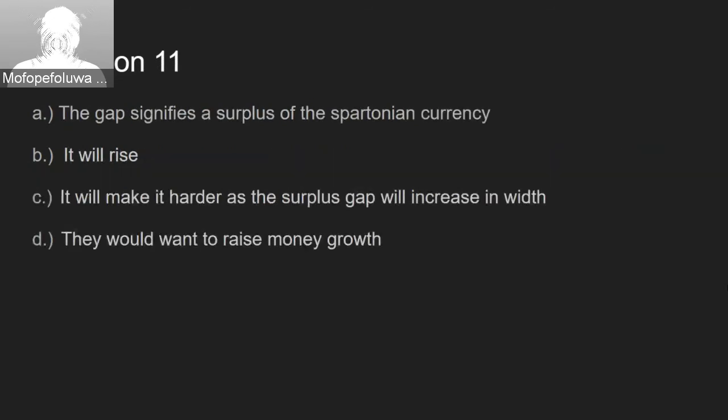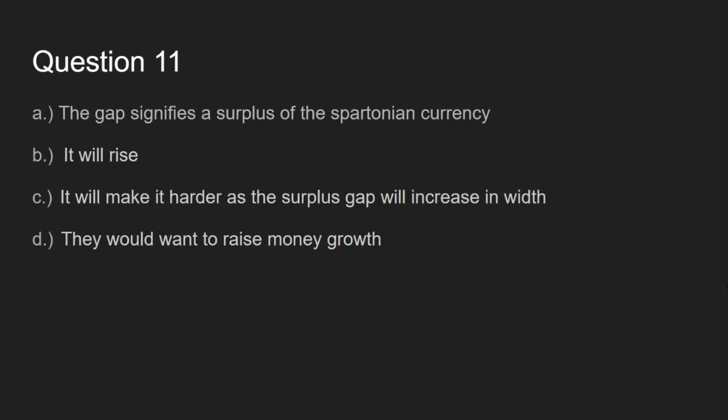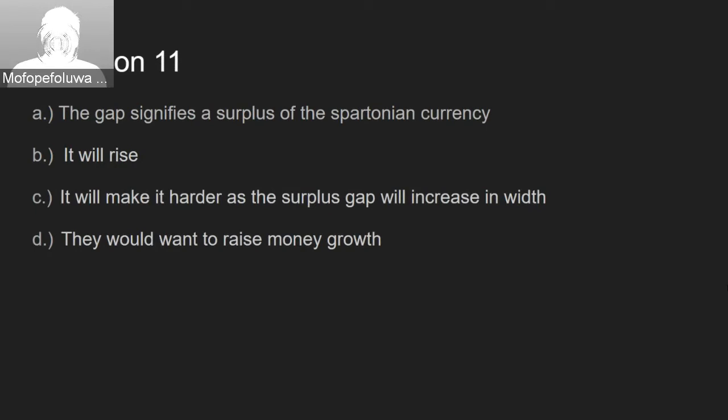So for question 11, the gap between the demand and supply curve signifies the surplus of the Spartanian currency. For part B, the official reserve supply would increase in order to maintain the exchange rate.